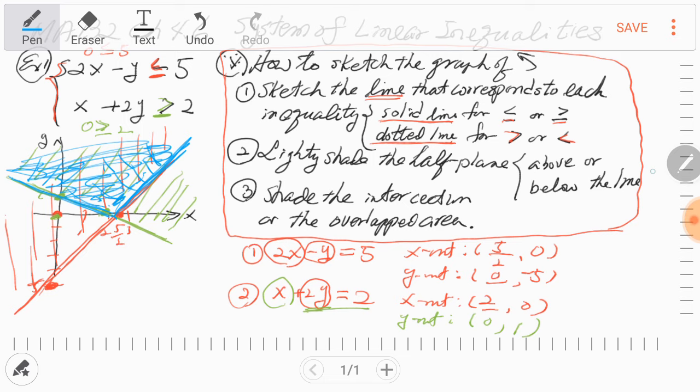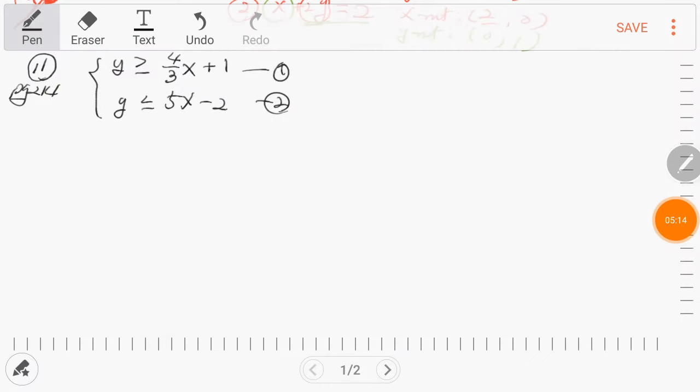Okay, let's try another one. This is exercise number 11 on page 214. Let's graph the first inequality. Let's find the x-intercept and the y-intercept. For the x-intercept, set the y value to 0.